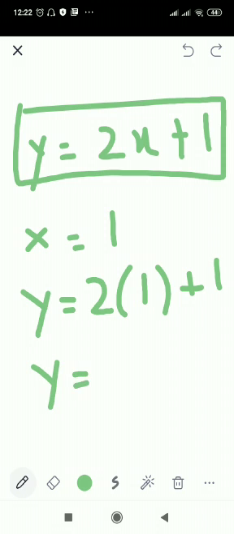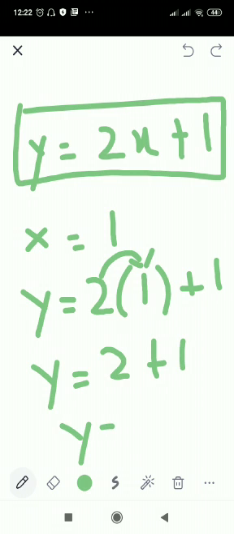So y is equal to 2 ones are 2, you multiply, and 2 plus 1, y is equal to 3. So that's how, using the equation, you're going to find the values for y and the value for x. It is not necessary that the y equation is given; we can also be given x equals something, and we will find the value of x.